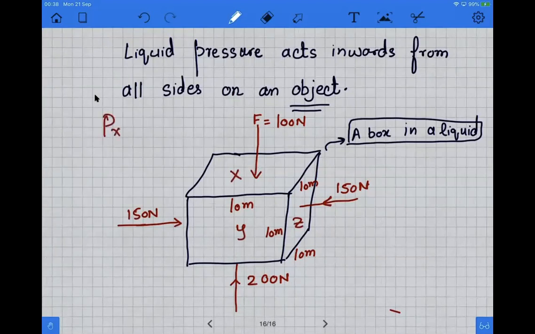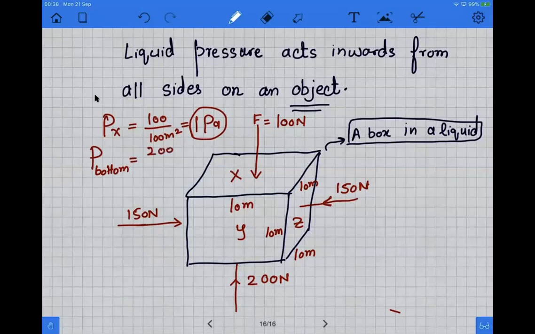Now, when you calculate pressure, this is face X, this is Y, and this is Z. Pressure on face X would be 100 over, the area would be 100 meters square, and it is 1 Pascal, for example. If you calculate the pressure on the bottom face, then it would be 200 Newton over 100 meters square, and it would be 2 Pascal.